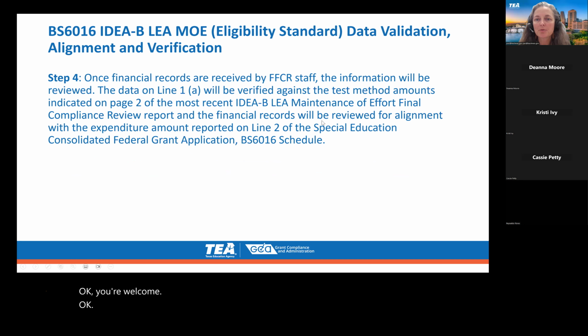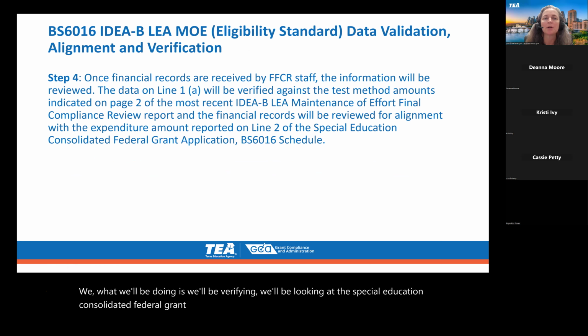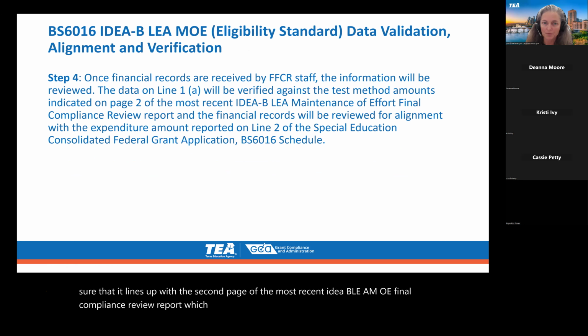So once the financial records are received, what we'll be doing is verifying. We'll be looking at the Special Education Consolidated Federal Grant application. We'll be looking at line 1A and making sure that it lines up with the second page of the most recent IDB LEA MOE Final Compliance Review Report, which is what we were just talking about in that question that was posed.